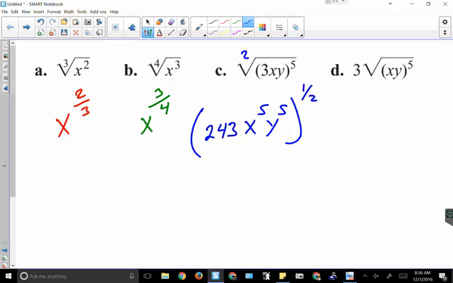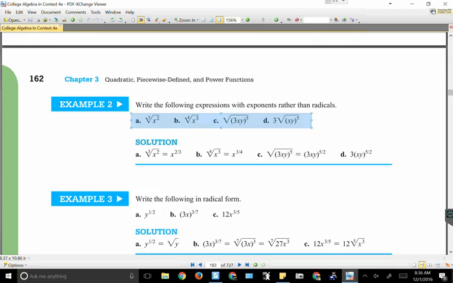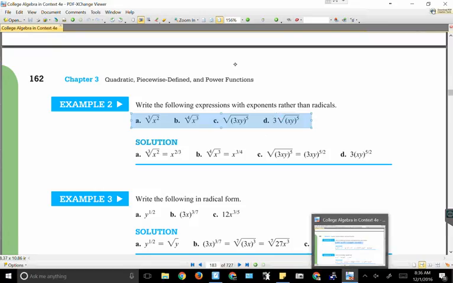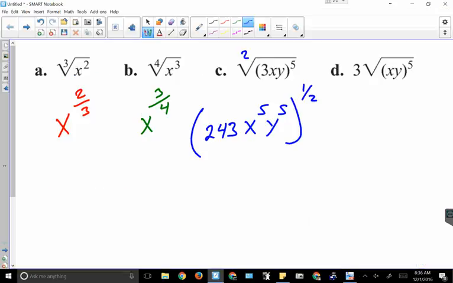But the instructions were to write it as what? What did the instructions say that I was supposed to do? With exponents rather than radicals. So do I want to go through and actually simplify that out? The answer is no. Be careful. When they say write it as a fractional exponent, follow the instructions. 5/2, that's all it's supposed to be. Because that's all the instructions say.